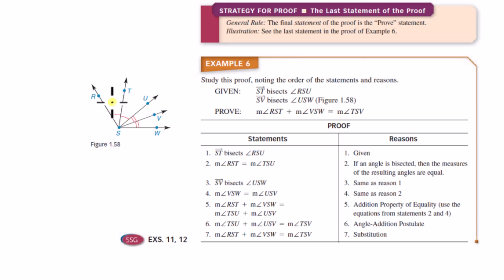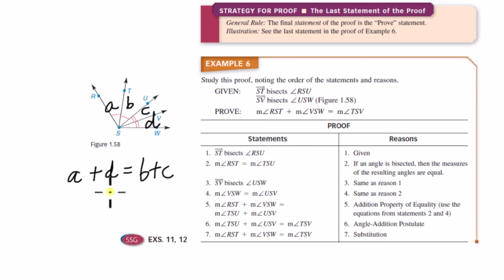So if this is angle A, angle B, angle C, angle D, we're trying to prove that A plus D is equal to B plus C. That's what the proof statement says.